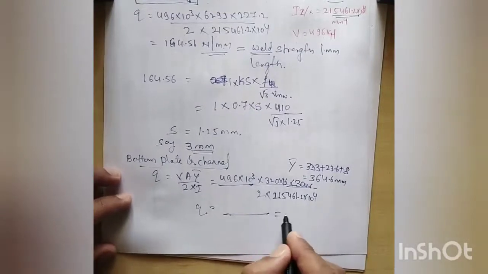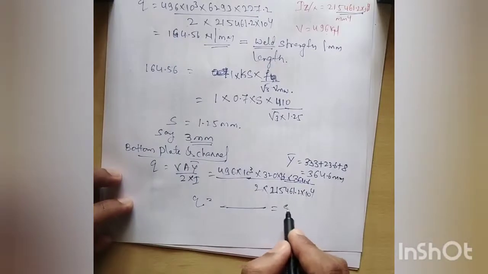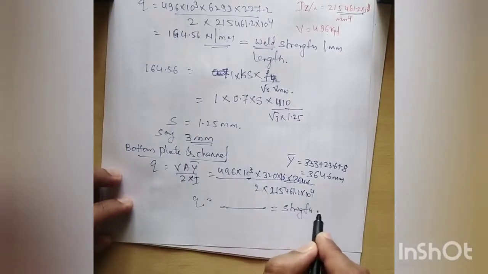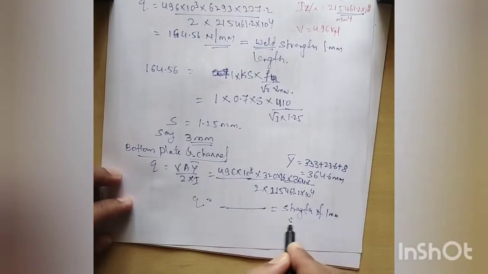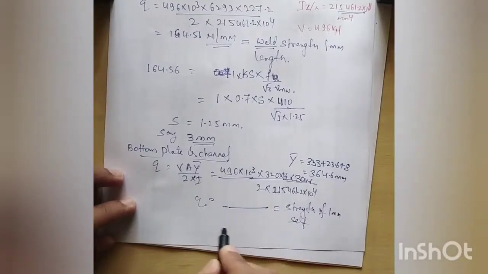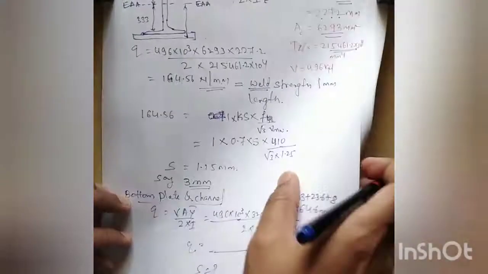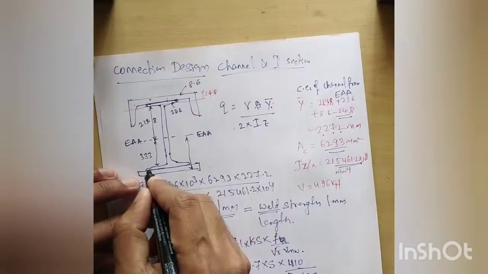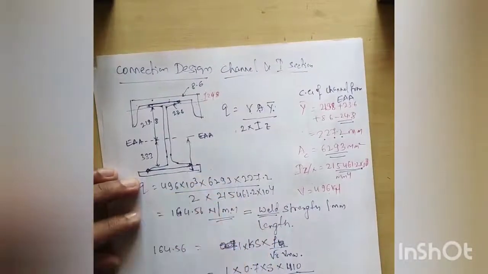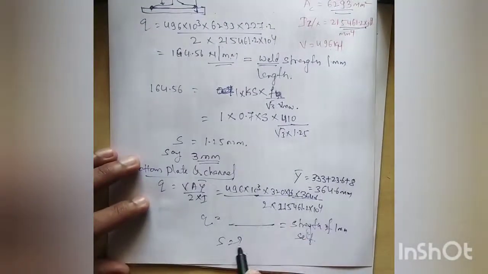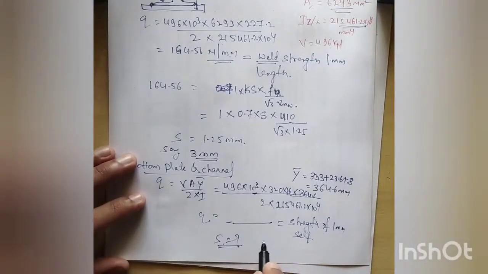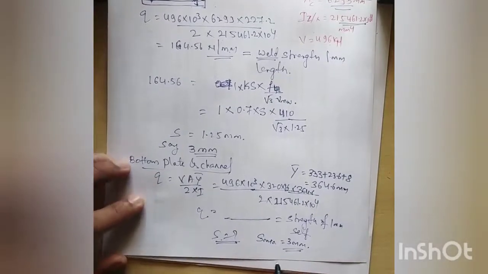Now this Q again has to be equated to the strength of 1 mm weld to get the fillet size of the weld at the bottom. I hope that calculation can be done. Whatever you get, a minimum weld has to be provided as per the codal provision.